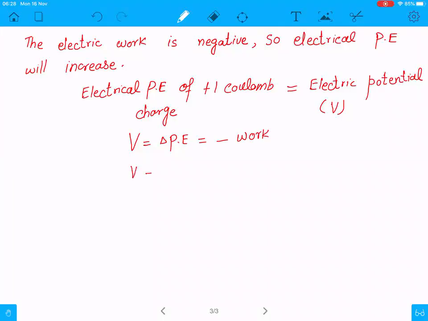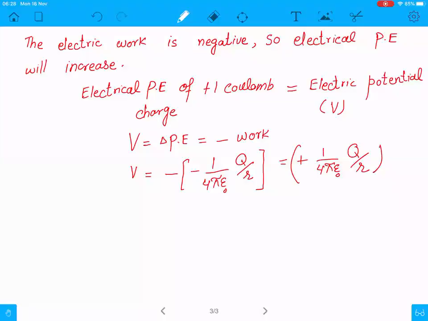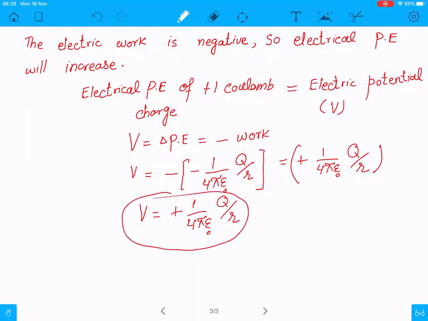Hence, we can say that negative of Q over R. So the final answer will be plus 1 over 4 pi epsilon naught Q over R. So this is the formula for electric potential of a positive charge. Capital Q is a charge and R is the distance from the charge.